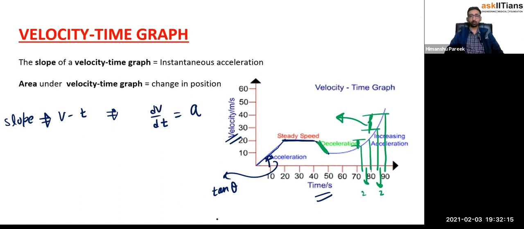So for non-uniform acceleration the graph is non-linear, and for uniform acceleration the graph is linear. It's exactly similar to the previous discussion: for uniform motion the position time graph is linear, and it is non-linear if non-uniform motion is happening, meaning the speed is changing with respect to time.